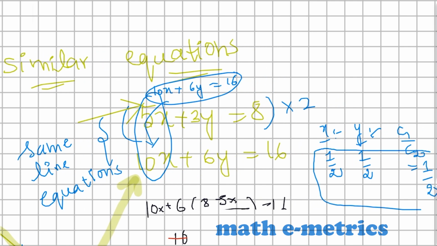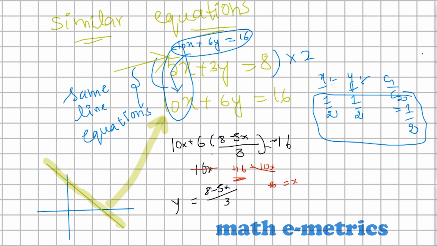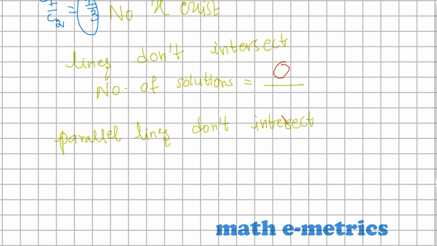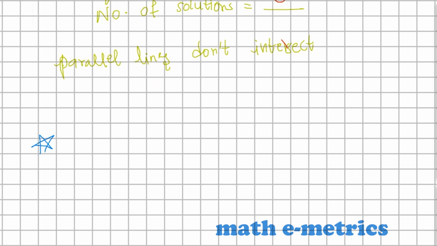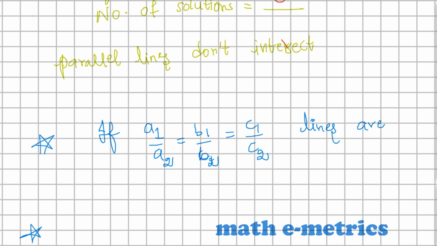If all the ratios are equal, what type of lines are there? Similar equations, so coinciding lines. To summarize, if a1 by a2 is equal to b1 by b2 is equal to c1 by c2, the lines are similar.